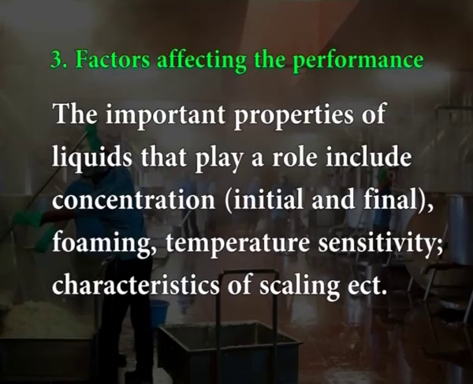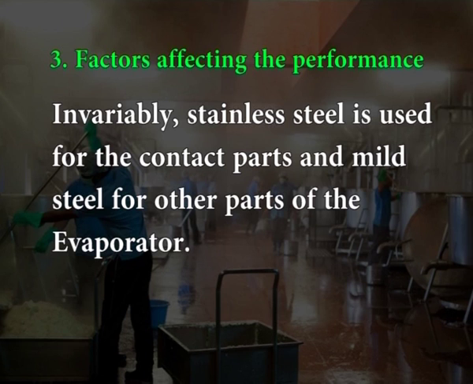The important properties of liquids that play a major role include concentration itself, both initial and final, foaming, temperature, characteristics of scaling, etc. Invariably, stainless steel is used for the contact parts and mild steel is used in other parts of the evaporators.